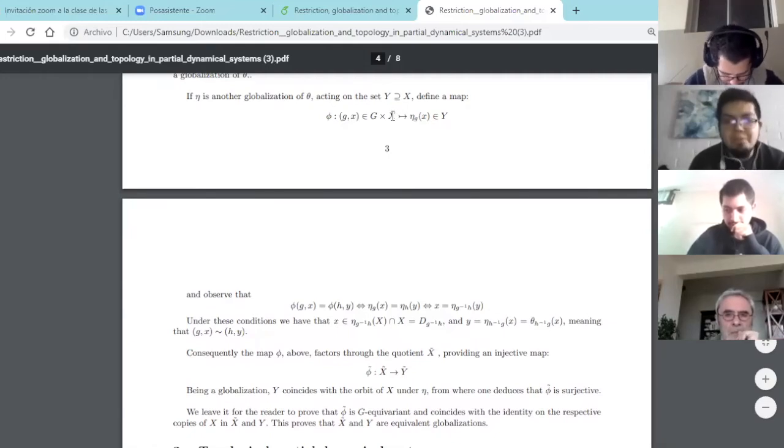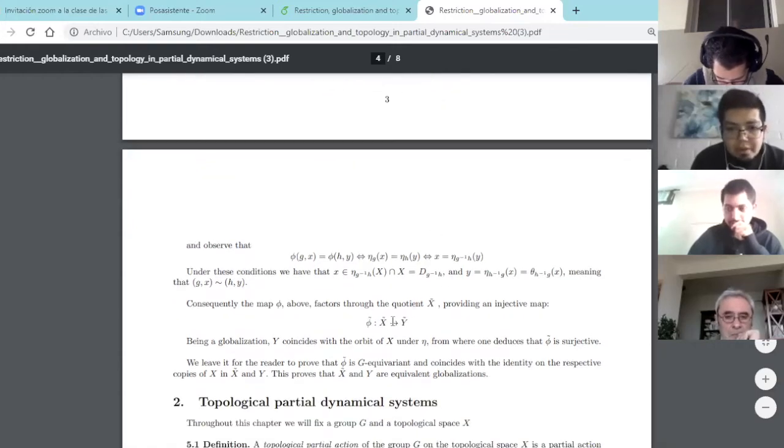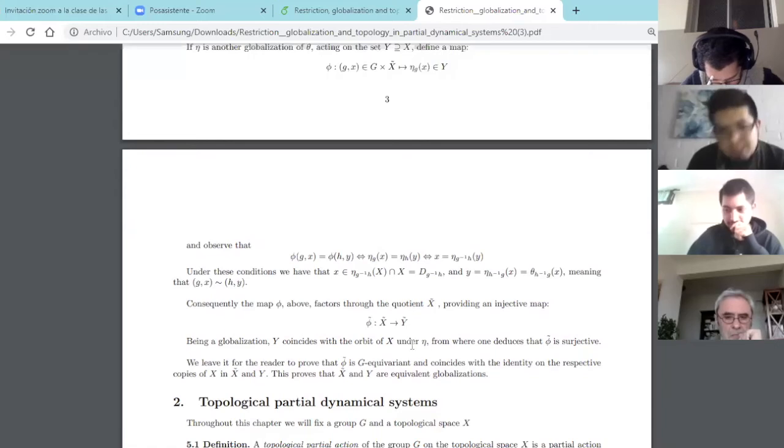That's okay. So then we make the quotient and we arrive here. And this says that this is actually a bijective map.